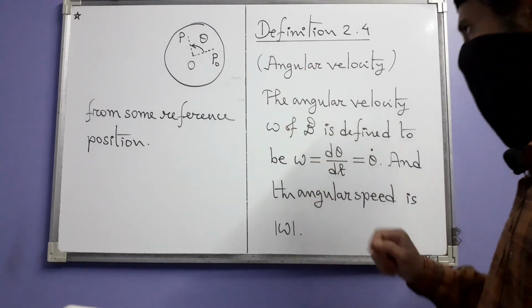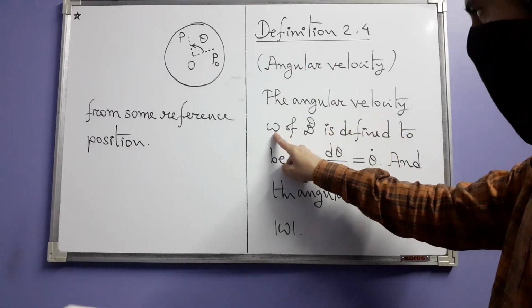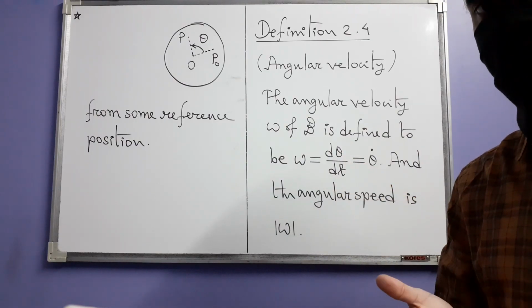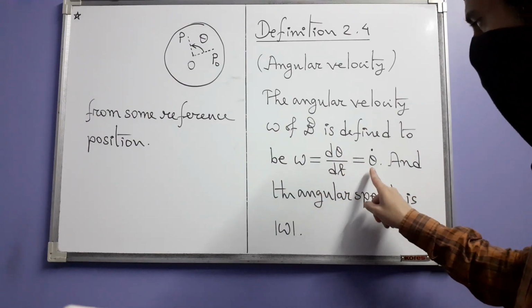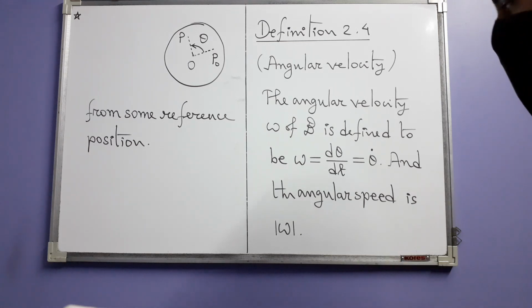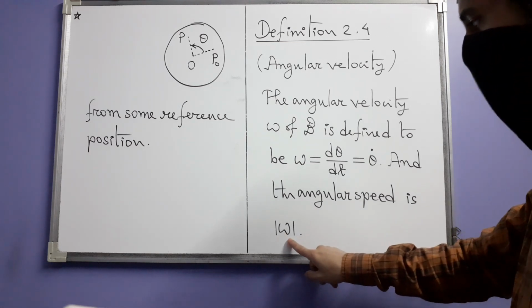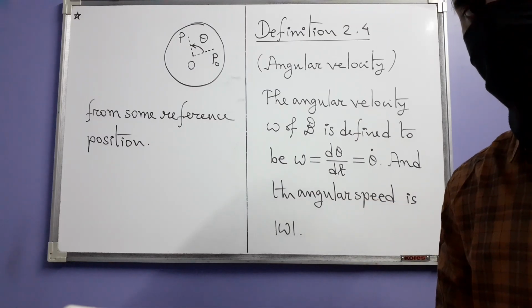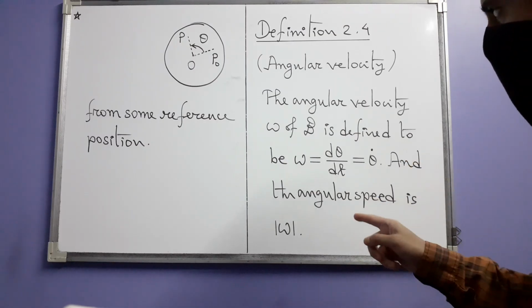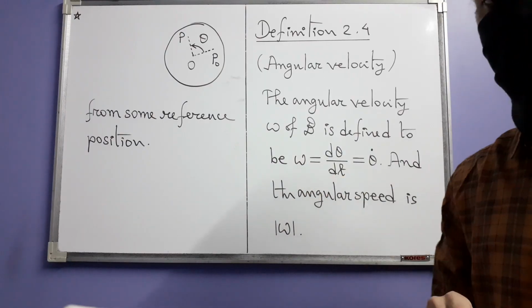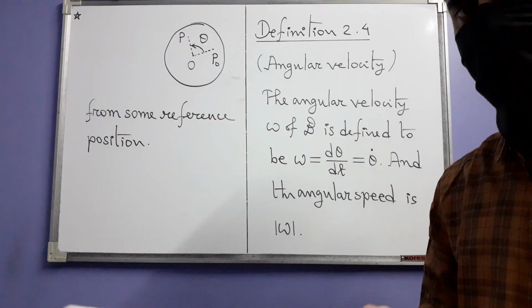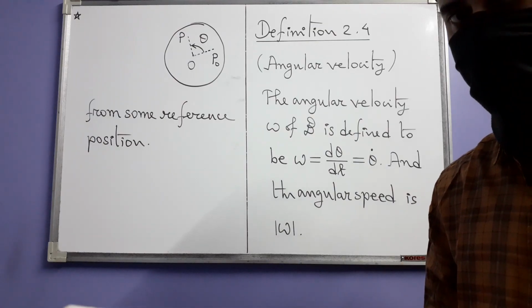For this rigid body, the angular velocity omega is defined to be the rate of change of that angle theta with respect to time, which is just theta dot. And the absolute value of omega is defined to be the angular speed of the rigid body B. Note carefully that both these quantities are scalars, and the standard unit for both of them is radians per second.